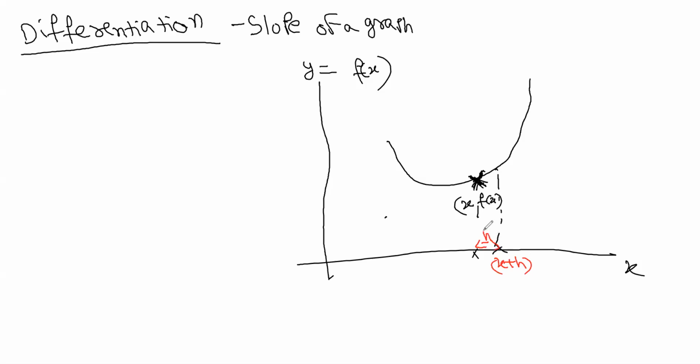Here h is the distance from the previous value of x. So this is x, this is x plus h. Then what is the point over here? x plus h comma f of x plus h, correct?